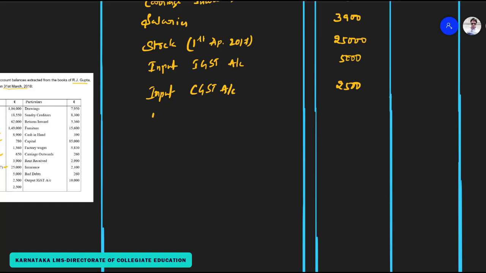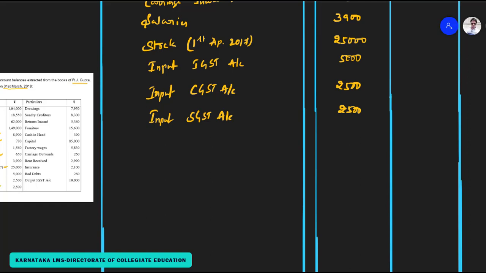And input SGST account, debit side rupees 2,500. Yes, we have covered input IGST, CGST and SGST.